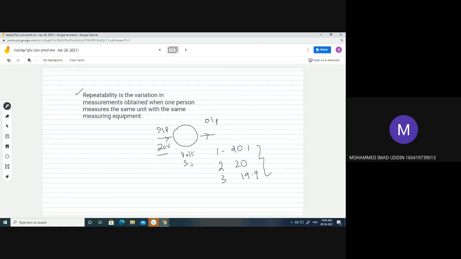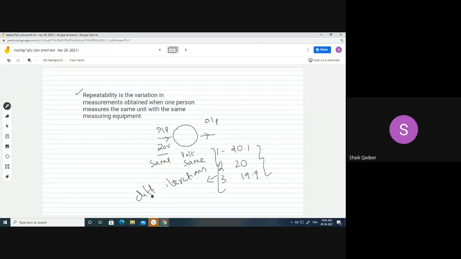Yes, sir. Voltmeter is the same, input is also the same, and we observe the reading at different instants. I can call these different iterations, like you are asked to take the reading many times.